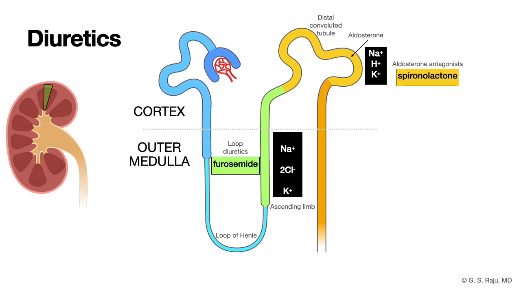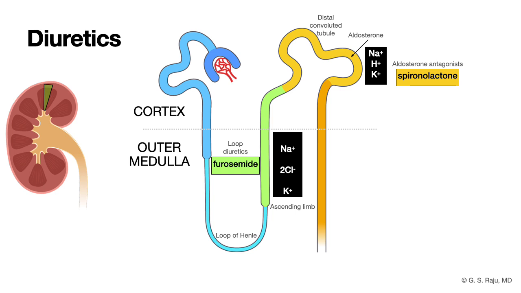So when it comes to ascites management in cirrhosis, it is predominantly due to secondary hyperaldosteronism. And unless you block that in the distal convoluted tubule, just giving furosemide will not be effective.